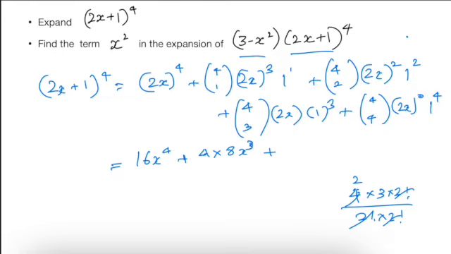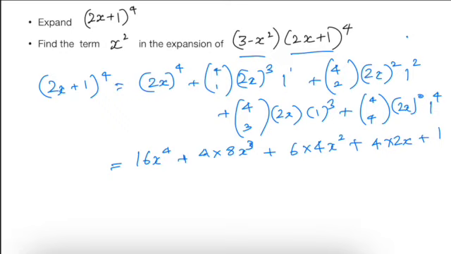This becomes 6 into 4x square plus 4C3 is nothing but again 4. 4 into 2x plus the last term is just 1. So we got this as 16x to the power 4 plus 8 4s are 32x cube plus 6 4s are 24x square plus 4 2s are 8x plus 1. This is the expansion of (2x + 1) to the power 4.